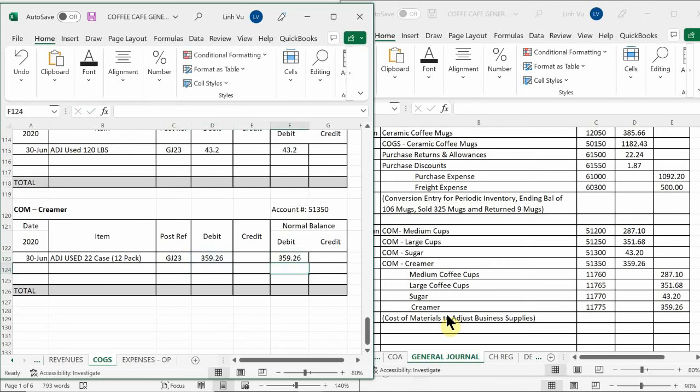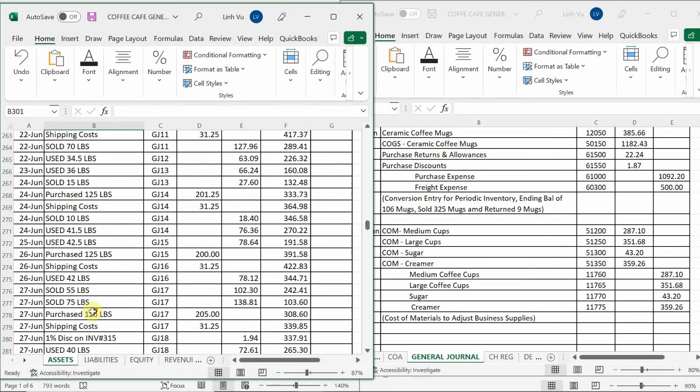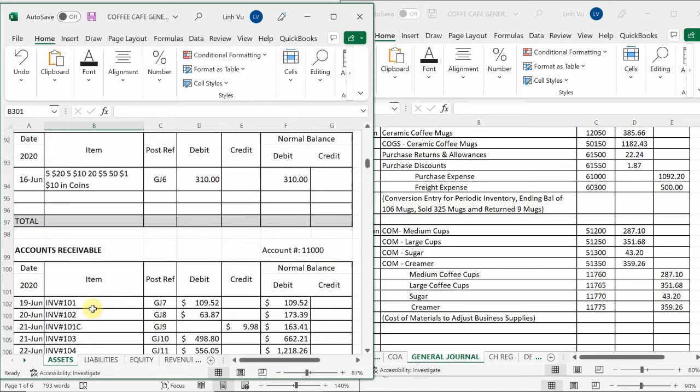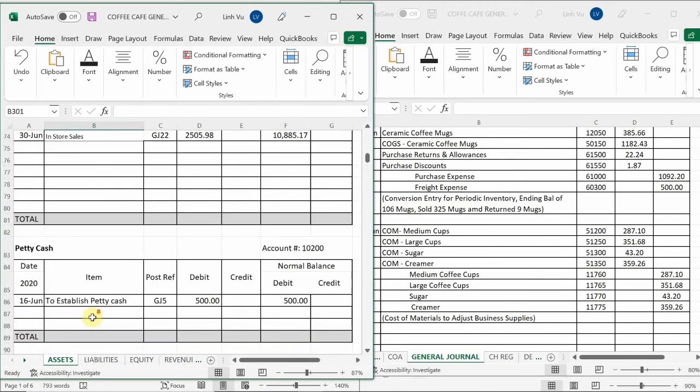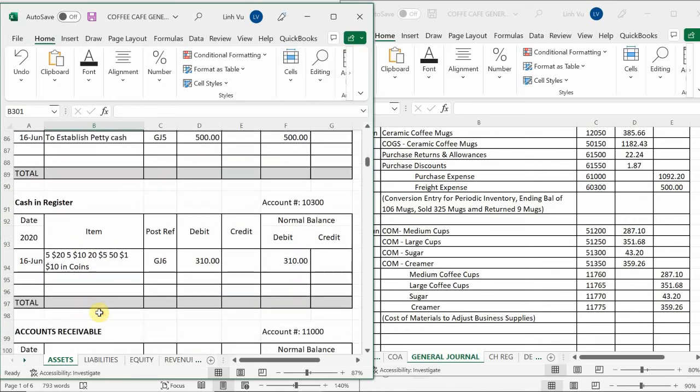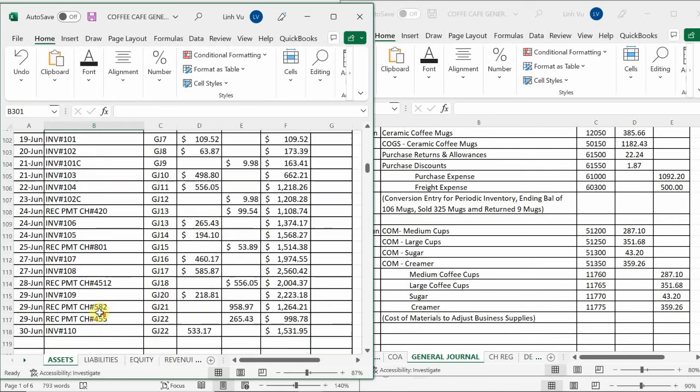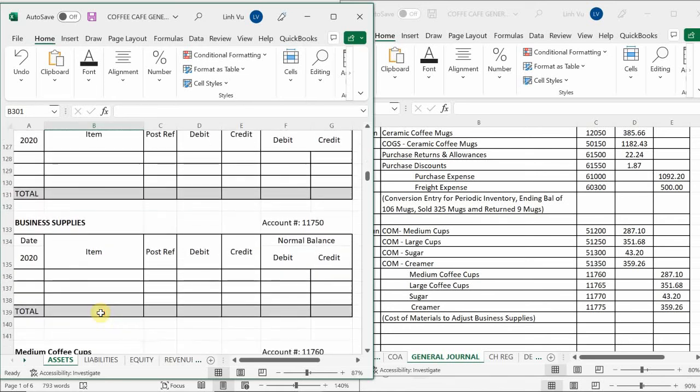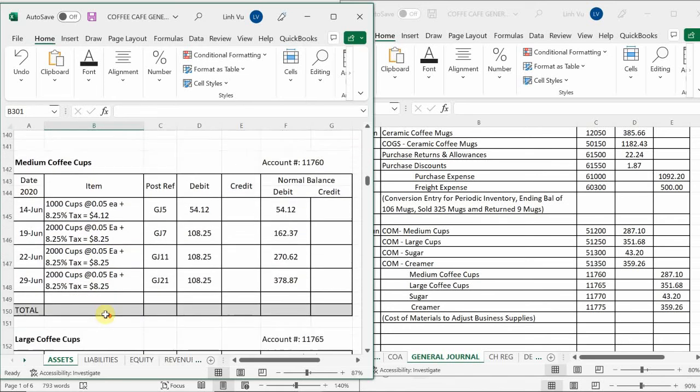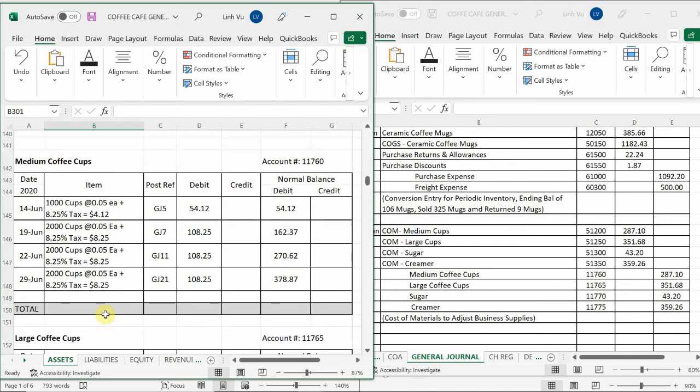Now, when we go to our actual assets, if we go to my actual business supplies, it literally tells me that I purchased 1,000, 2,000, 2,000, 2,000. So I have a total of 7,000 cups. Is that true?